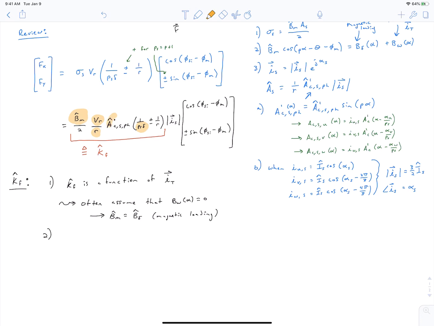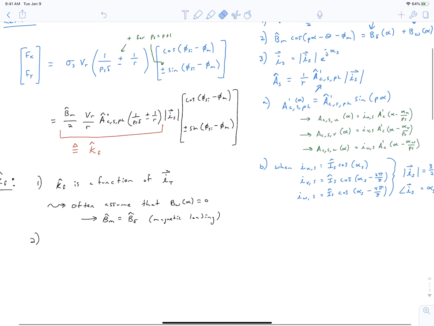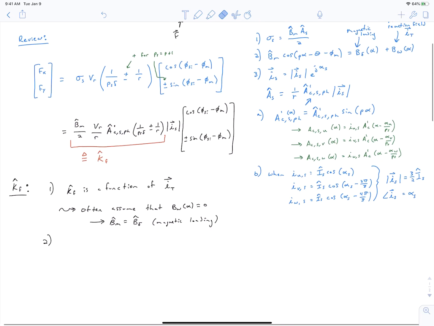But what's a little bit confusing to talk about is what is this quantity here in terms of our machine design parameters. So let's quickly come up with an expression for that. And we're going to do that by making use of our observations over here. That is, we're going to relate this to our electric loading and the current rating of our suspension winding.